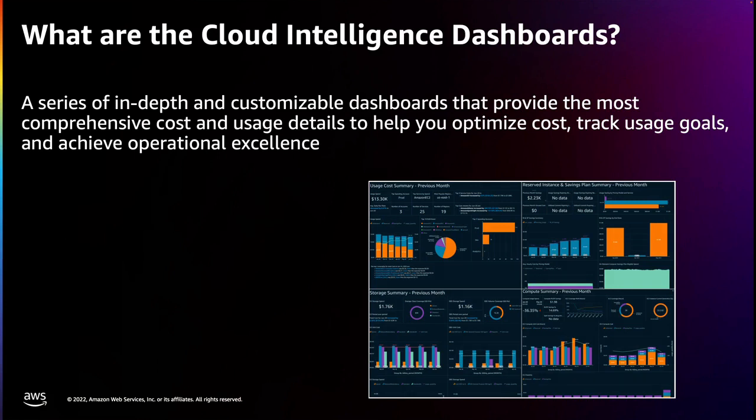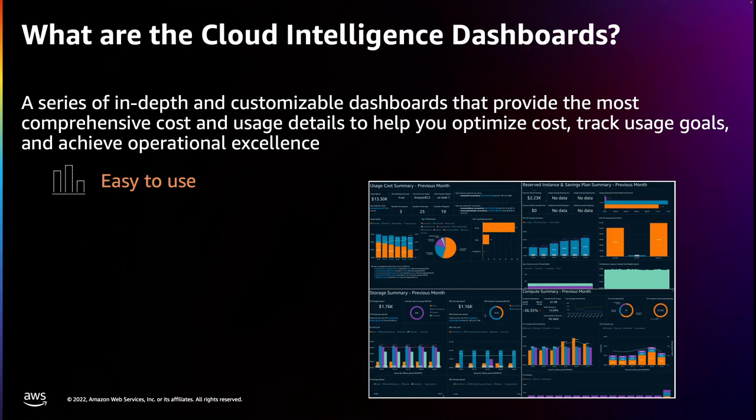So any customer can deploy these dashboards in their organizations, in their accounts, and use them as a self-service instrument. So Cloud Intelligence Dashboards are very easy to use, and it has lots of auto-generated recommendations, actionable insights.